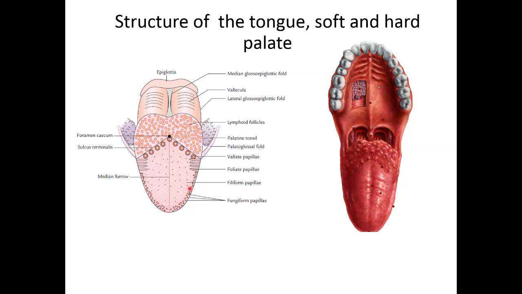All this surface, except more large fungiform papillae, is velvet shaped due to numerous very small papillae conicae, which have shape of conus, of cone.